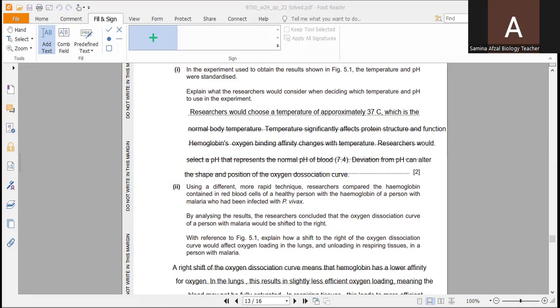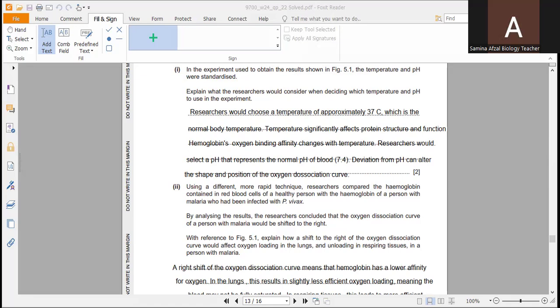When the researchers decide, they keep in mind many different considerations. For example, first of all, let us discuss temperature. The researchers would choose a temperature that closely mimics the normal body temperature of humans.